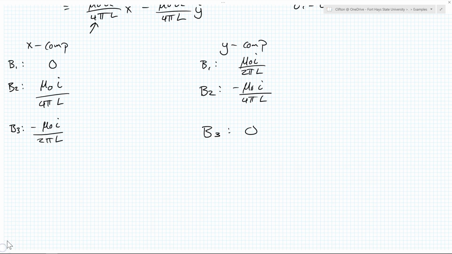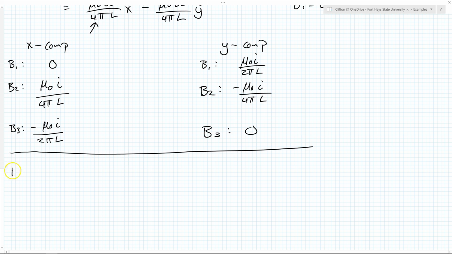All right, so now to get the net, I'm just going to add all of these together. So let's see here. I've got a mu naught I over 4 pi L minus a mu naught I over 2 pi L. If I multiply this by 2 over 2 so that I have the same denominator, then I'm going to get a negative mu naught I over 4 pi L when I add those two together.